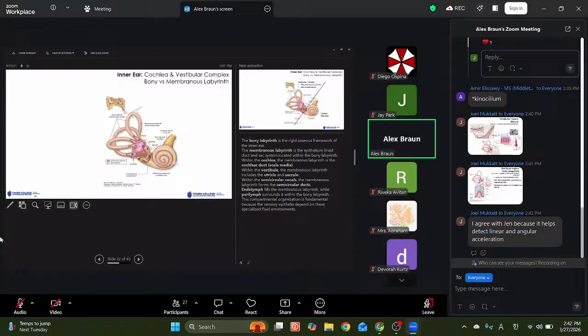All that occurs via the semicircular canals and via the utricle and saccule of the vestibule, which is the central region of the labyrinth right here. Here we see the vestibular complex on this side of the diagram, and here we see the cochlea on this side of the diagram.